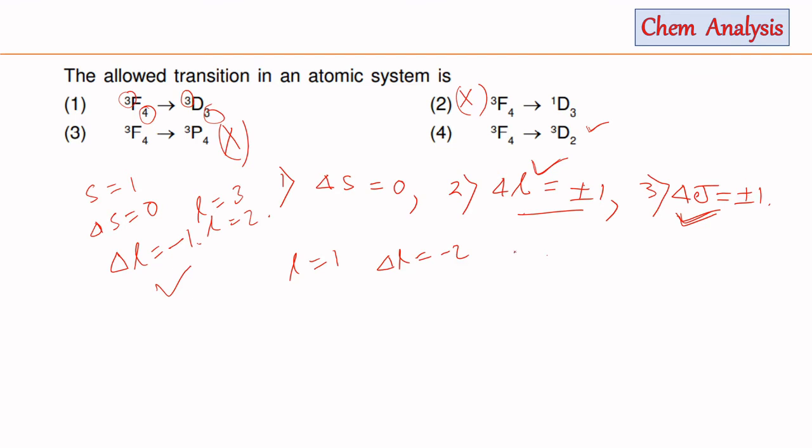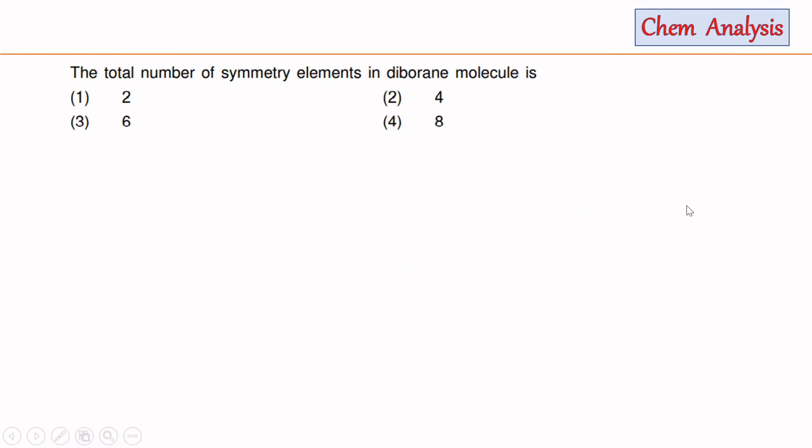For the first case, delta J is equal to minus 1, but for the fourth case, delta J equal to minus 2, so this will not be allowed. Therefore, we can say that the allowed transition for this atomic system is the first one, that is 3F4 to 3D3. It is very simple, you just have to check the condition for the selection rule for atomic transition.